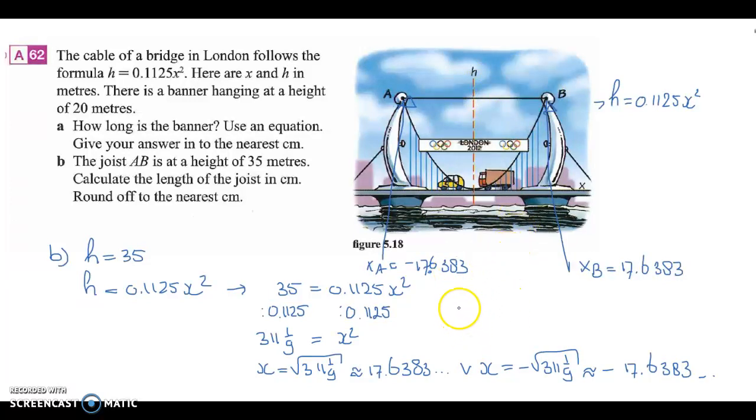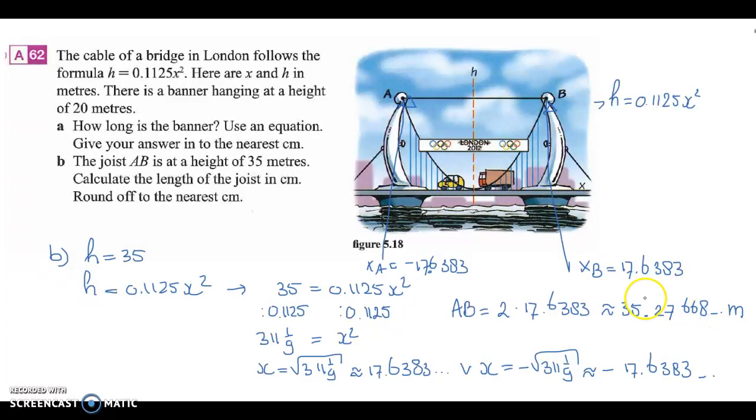So that means that AB is equal to 2 times 17.6383, and that gives us approximately 35.27668 and a lot more decimals meters.